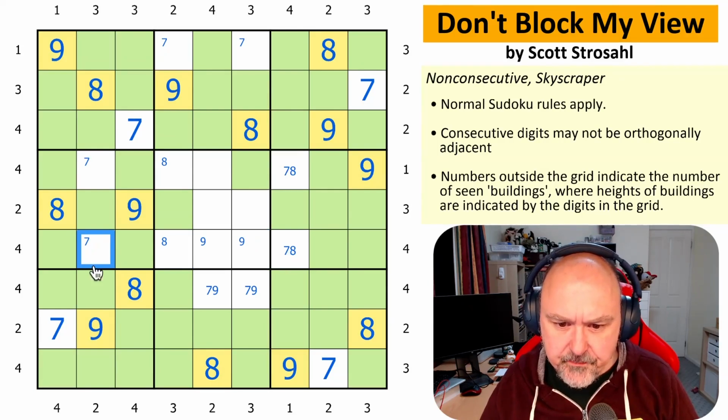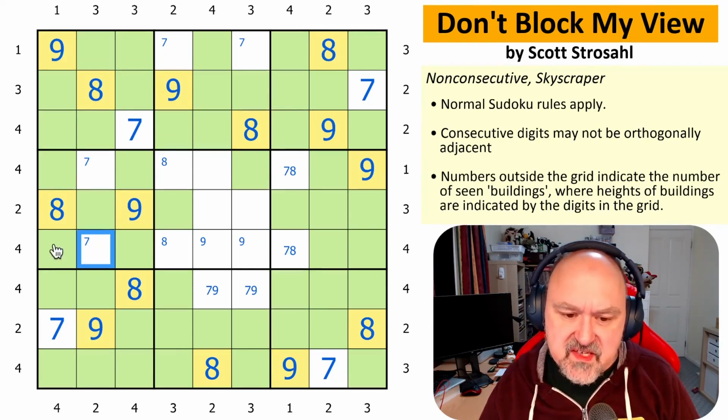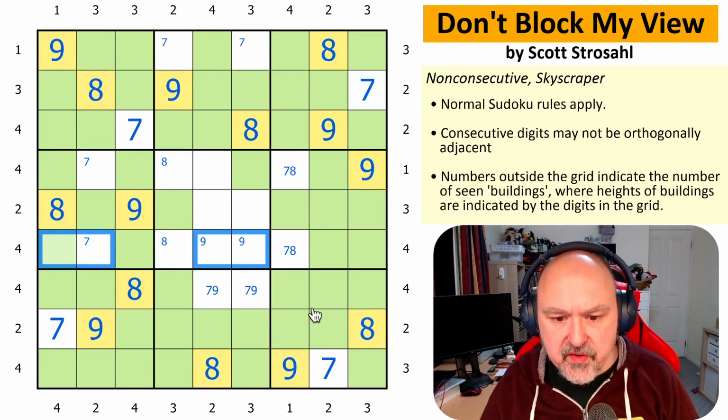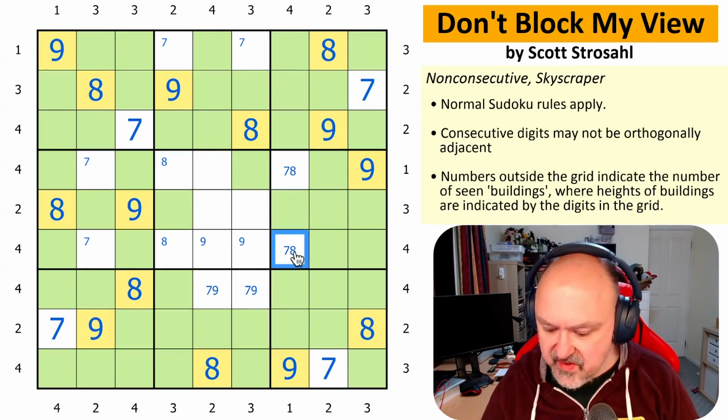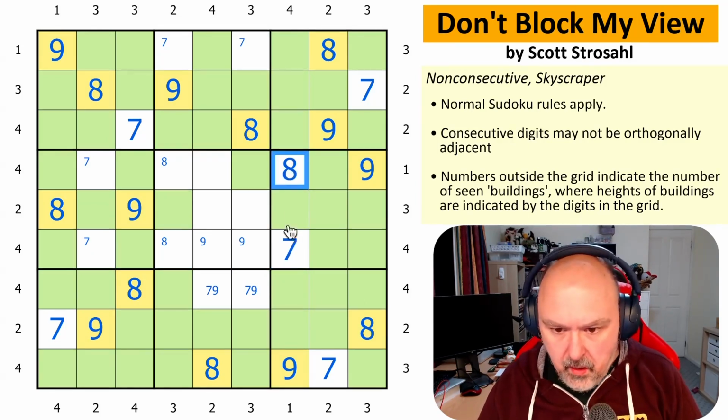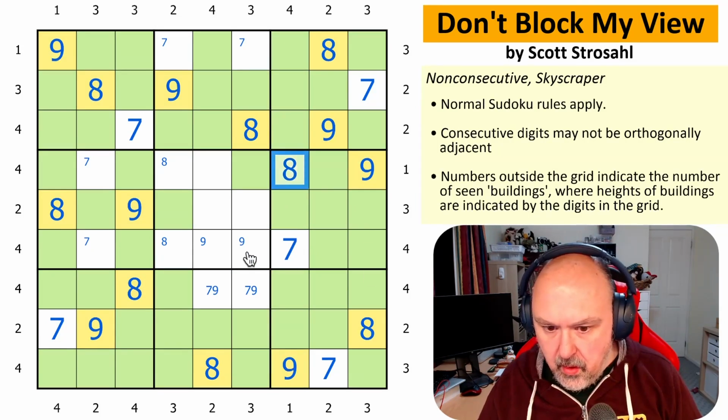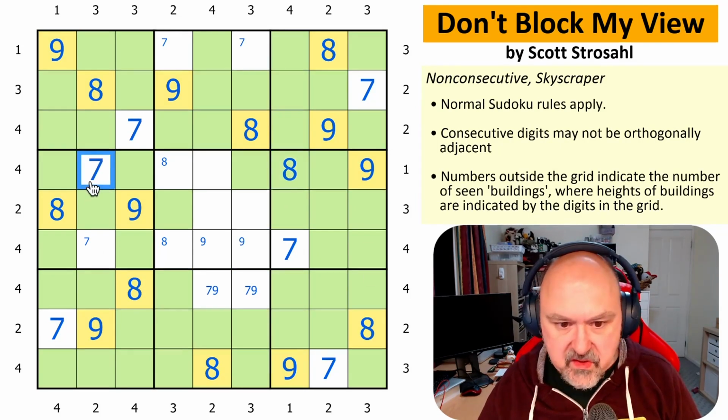This can't be 7. Because if this is 7, I go first clue, second clue, third clue, and I can't put the 8 between the 7 and the 9. This cannot be 7. This is the 7. Holy cow, Scott.